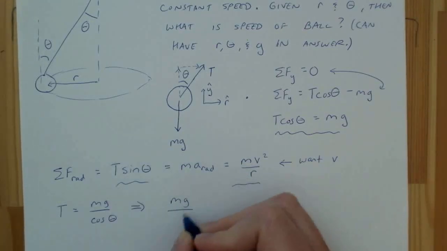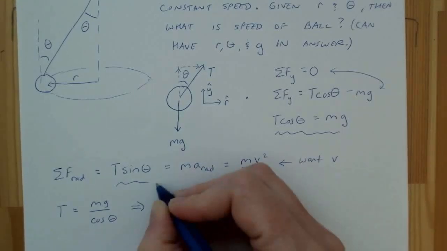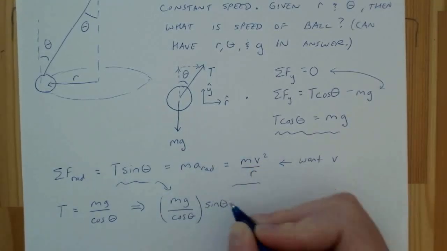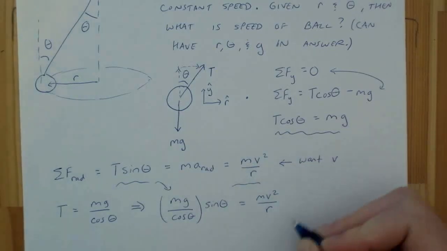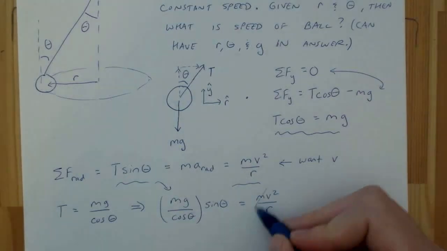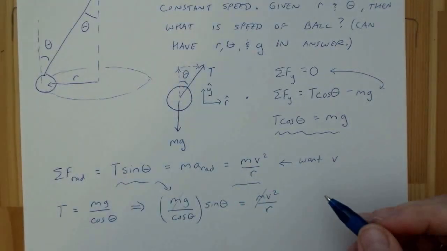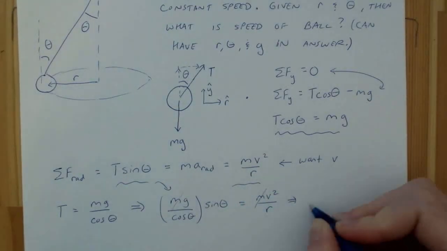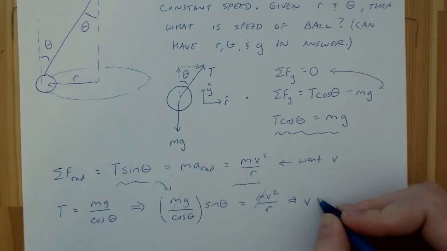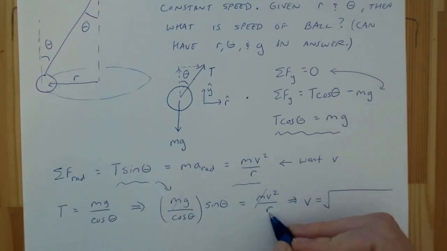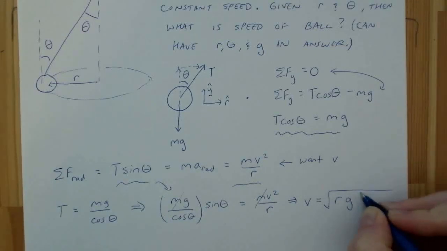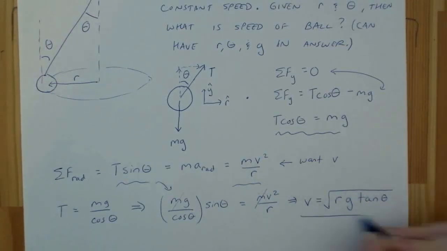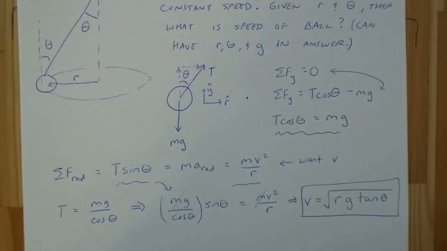So we can say mg divided by cosine theta times the sine of theta is going to be equal to mv squared over r. And now we're happy because our masses cancel out, and so we can solve this equation for our speed, which is going to be that v is equal to the square root of r times g times the tangent of theta. So r, g, tangent theta. And then that is our result.